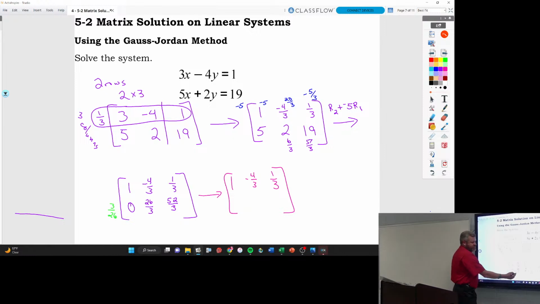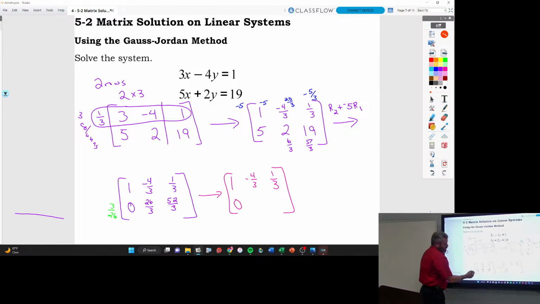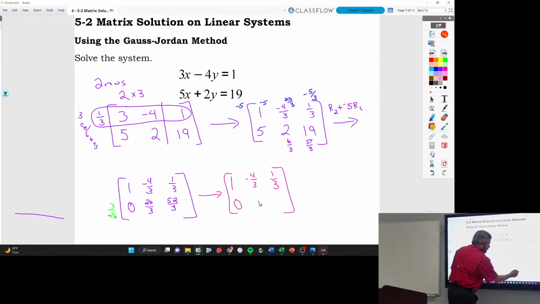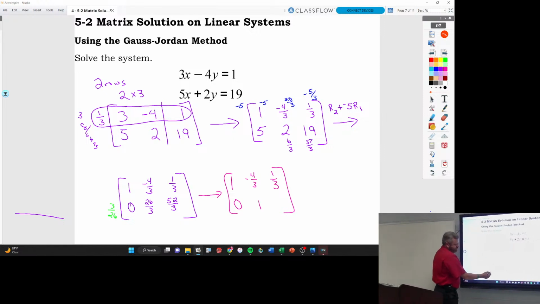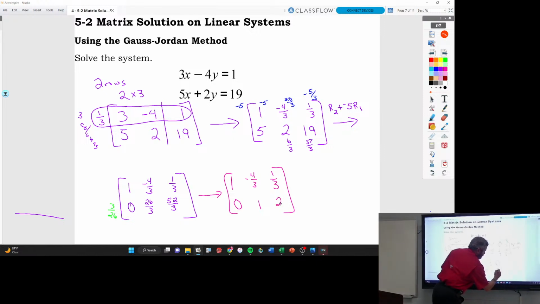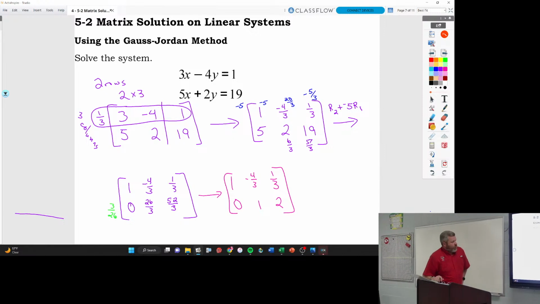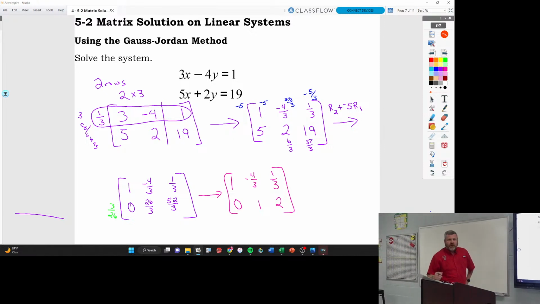Well, 3/26 times 0 is just 0. 3/26 times 26 thirds, the 3's cancel, the 26 cancels, leaving me 1 over 1, so that's 1. 3/26 times 52, well, the 3's cancel, I'm left with 52 over 26. Well, 52 divided by 26 is 2, so that's just a 2. And I now have row 2, column 2 has a 1 in it.